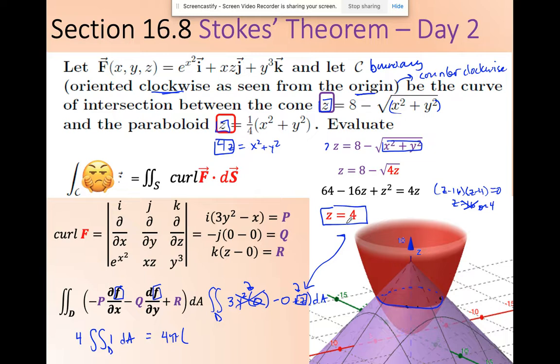If z is equal to 4, what does that make this radius here, right? Woohoo! Right, because that's where it was intersecting, right? This plane z equals 4.